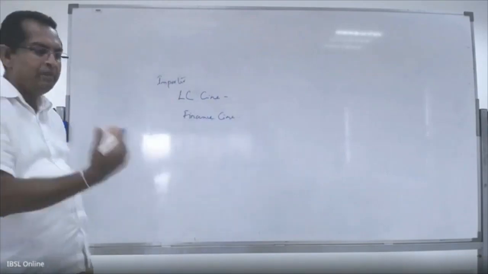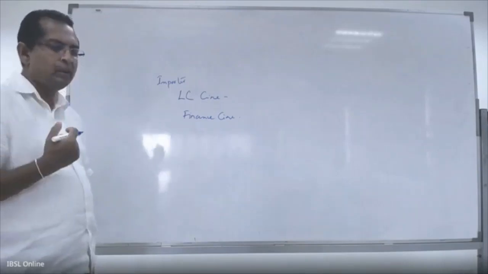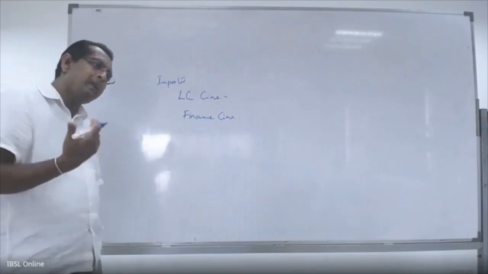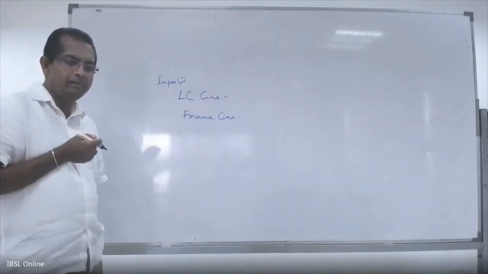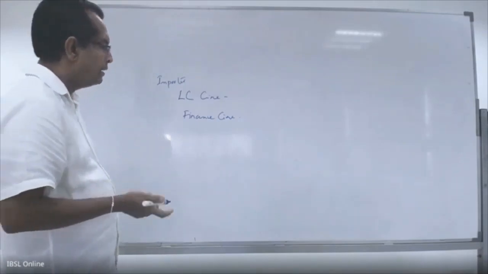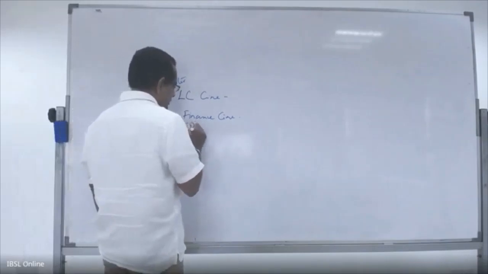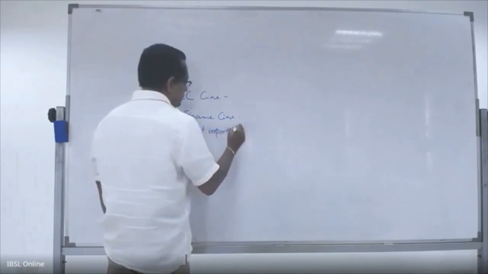Firstly, we need to establish LCs. Once we receive the documents, we have to make the payment. The customer may not have money to pay at the immediate time. So he will need support from the bank. So we call finance line as post import finance.